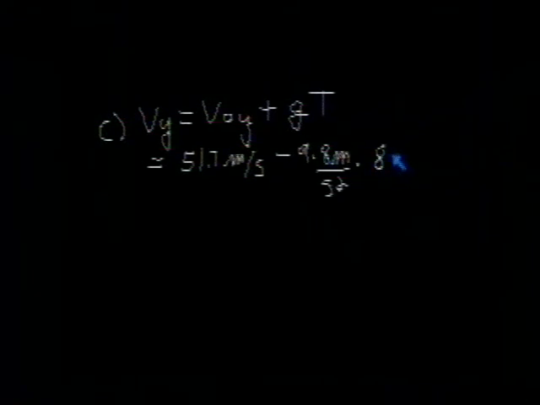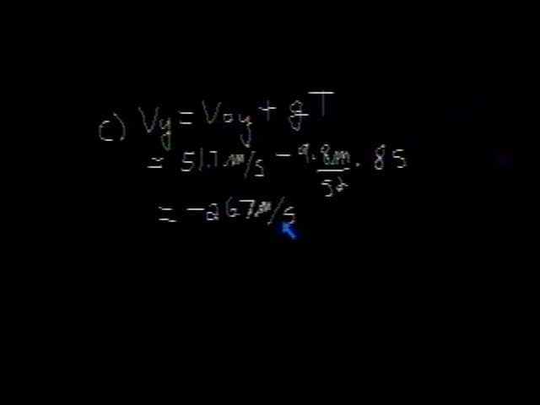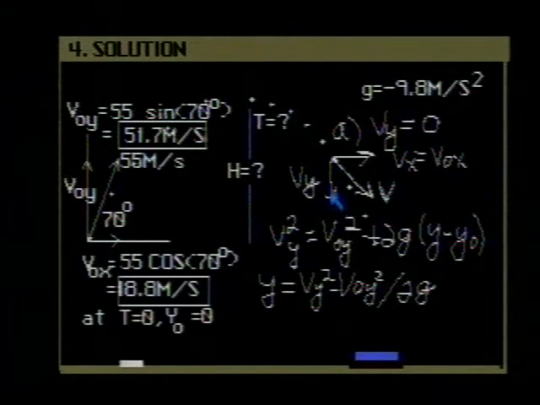If you calculate that, you will get a value of minus 26.7 meters per second. So the downward component v sub y then is 26.7 meters per second.